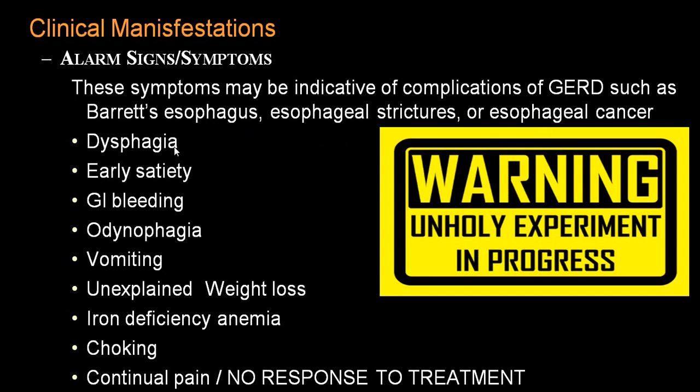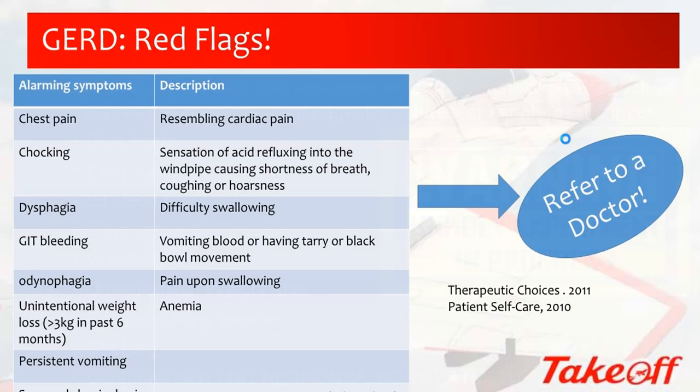If the person is having dysphagia, early satiety, GI bleeding, odynophagia, persistent vomiting, unexplained weight loss, iron deficiency anemia, choking sensation, and even after an empirical treatment with full therapeutic dose the person doesn't respond, and if age is more than 45 and there are respiratory complications, do think of alarming symptoms and do investigate for Barrett esophagus, esophageal stricture, or adenocarcinoma of the esophagus.